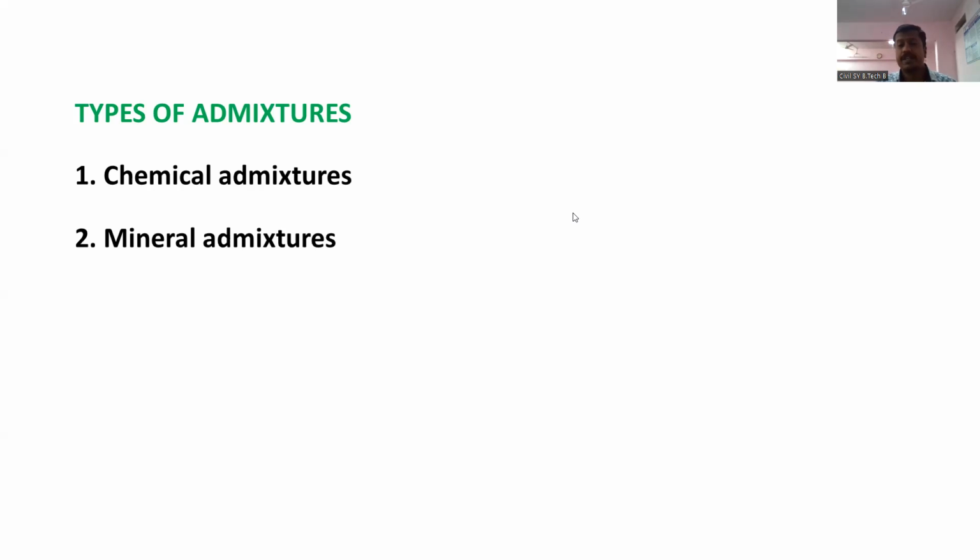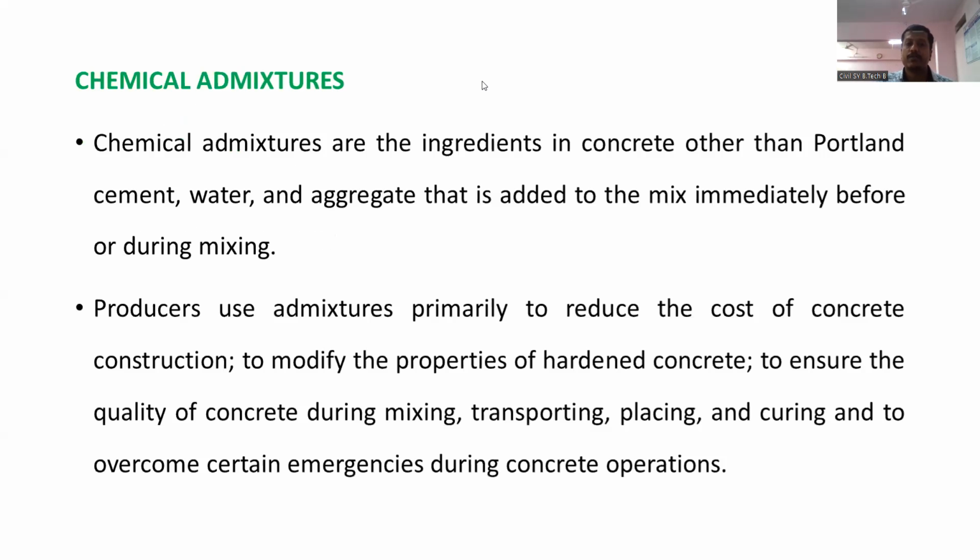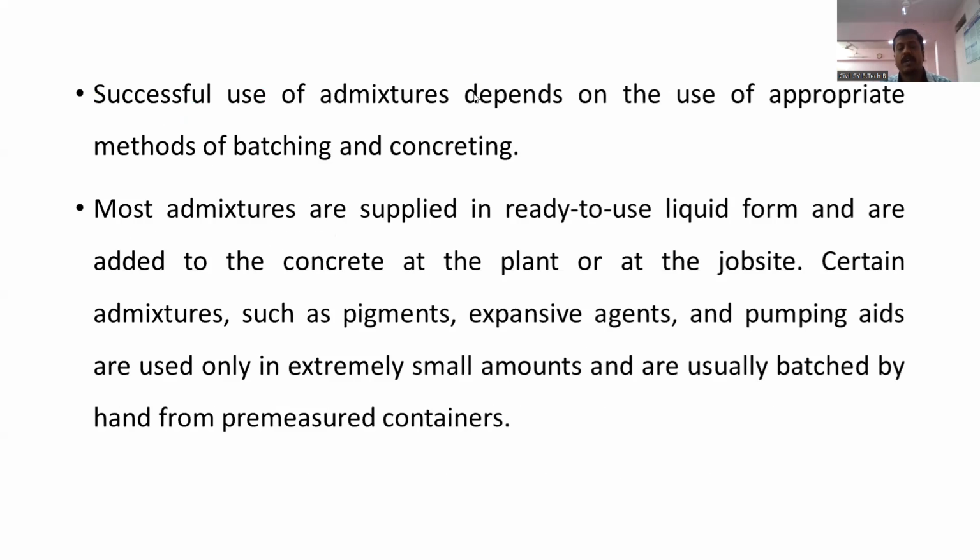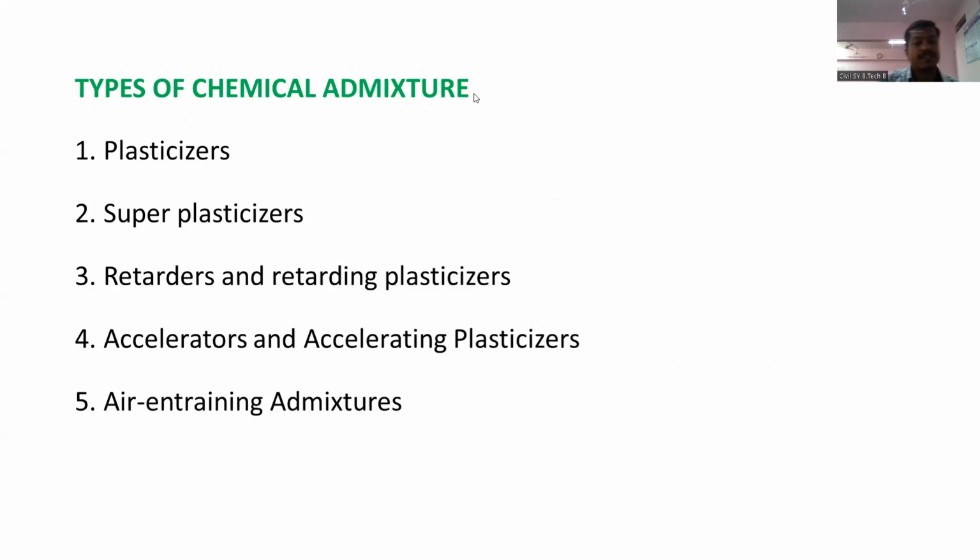Accelerators will increase the rate of heat of hydration, while retarders will decrease the rate of heat of hydration. These are some admixtures which we are going to use, and these are explained in these PPTs. As I told you, the different types: plasticizers, super plasticizers. These help us to improve the strength, and the main purpose of use of plasticizer is to reduce the water content.